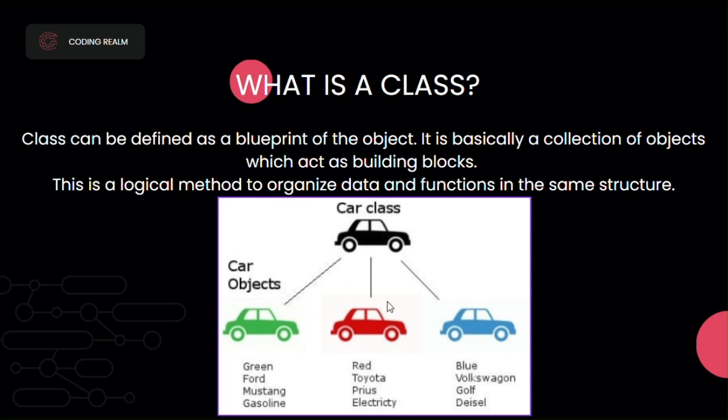It's a Toyota, Prius, and it's an electric car. The third car is blue. It's a Volkswagen, a Golf, and it's a diesel car. This is an example of a class in object-oriented programming. We have a class car and three car objects.